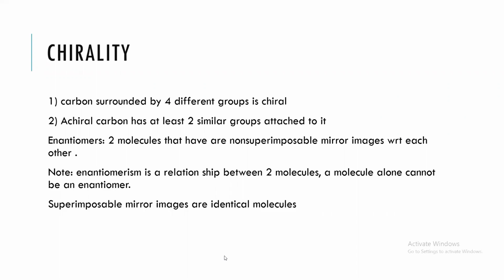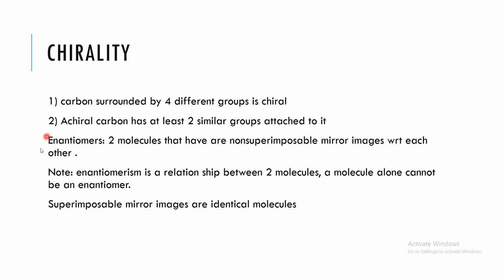Now we also have achiral molecules, and achiral molecules, just like the name implies, are not chiral, meaning they do not have a carbon that has four different groups, and we have a carbon with at least two similar groups around it. So it is the opposite of being chiral, so it has no chiral centers.